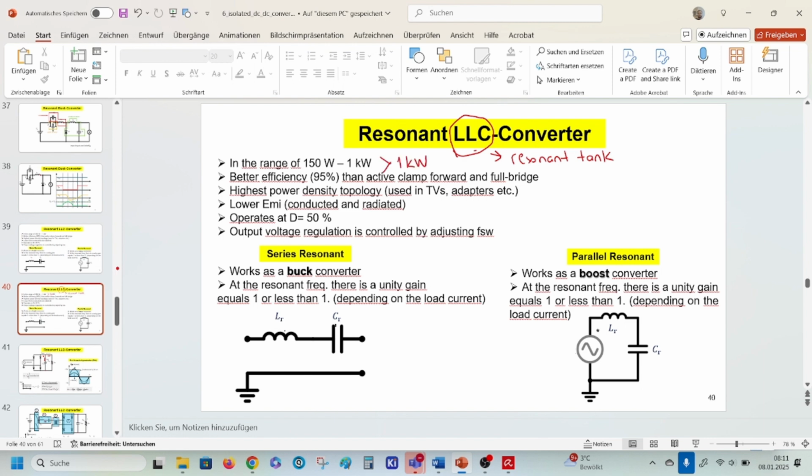In the application, for example, I saw power of LLC of 3 to 4 kilowatts, and the efficiency is the best with LLC converters, and the highest power density is also achieved with the help of this circuit. It's also very important to have a lower EMI.